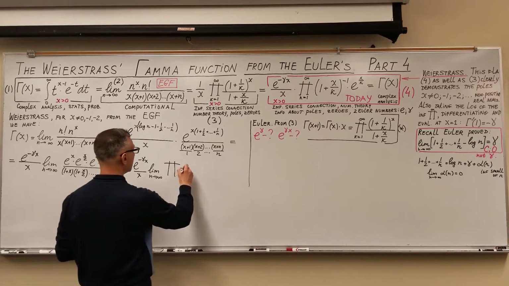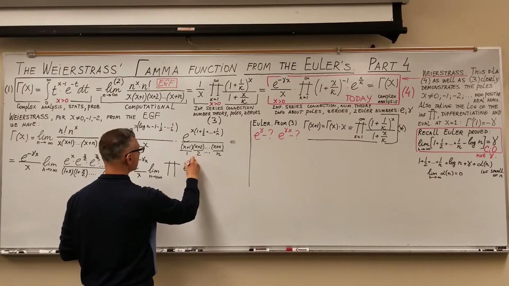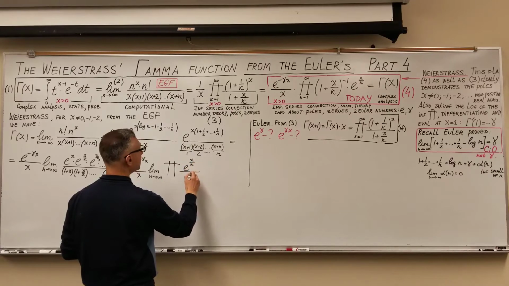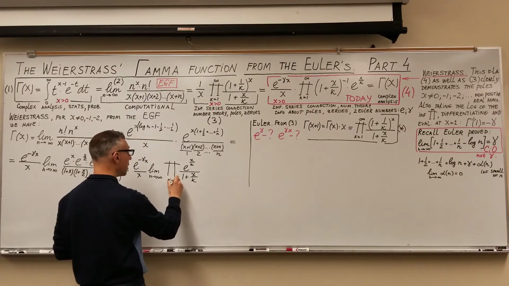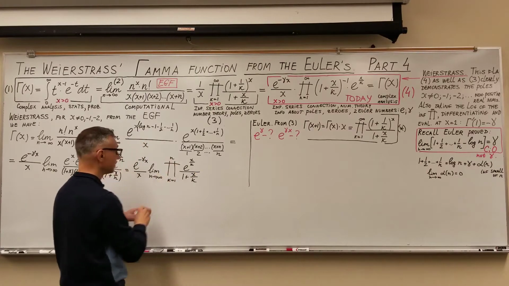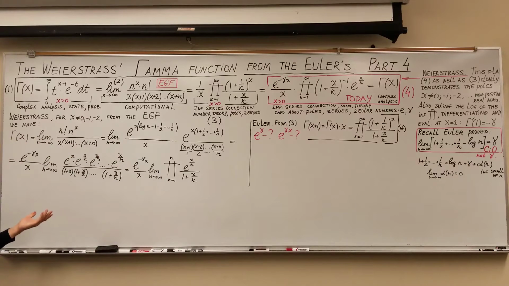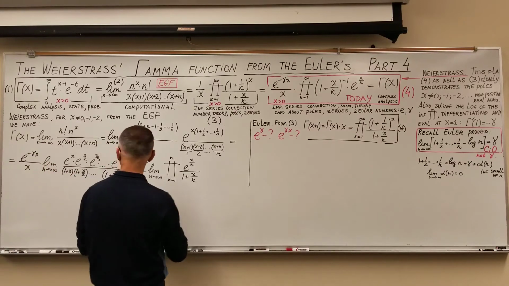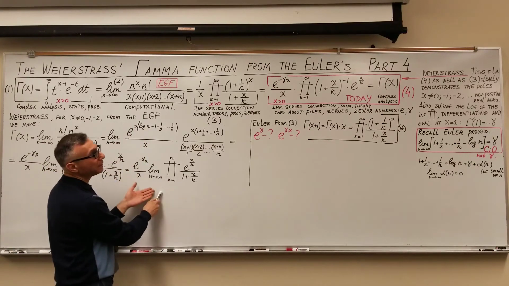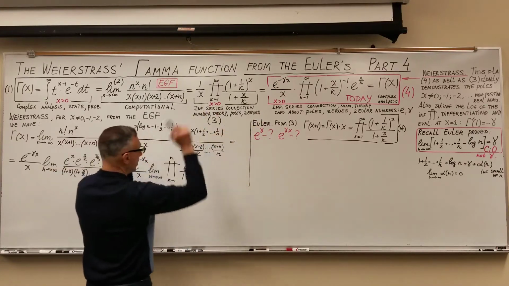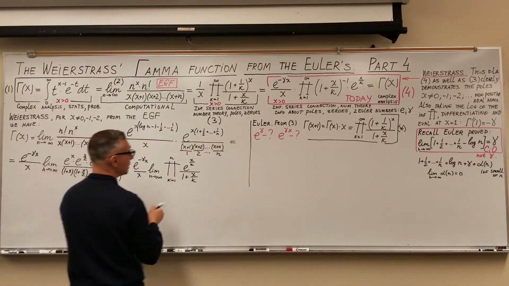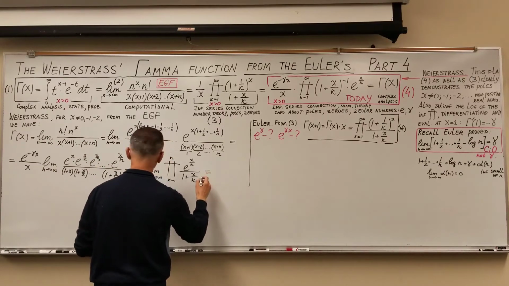So it's equal to e^(x/k) divided by 1 plus x over k. k runs from 1 to n. Yep, almost there. And when n goes to infinity, k will run from 1 to infinity, and we will arrive practically at the Weierstrass formula.